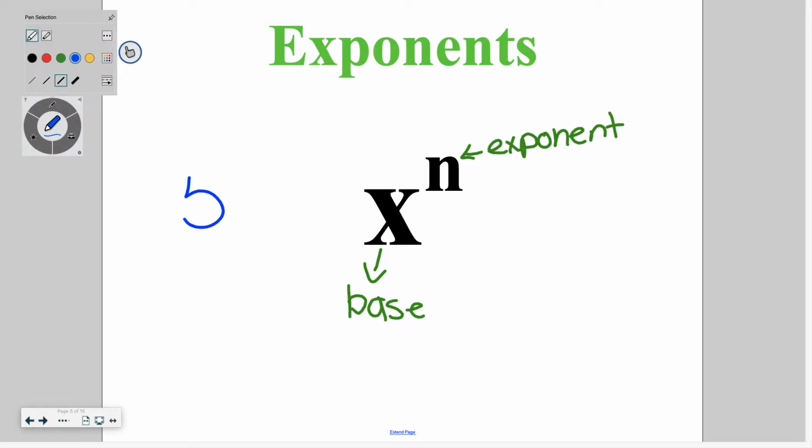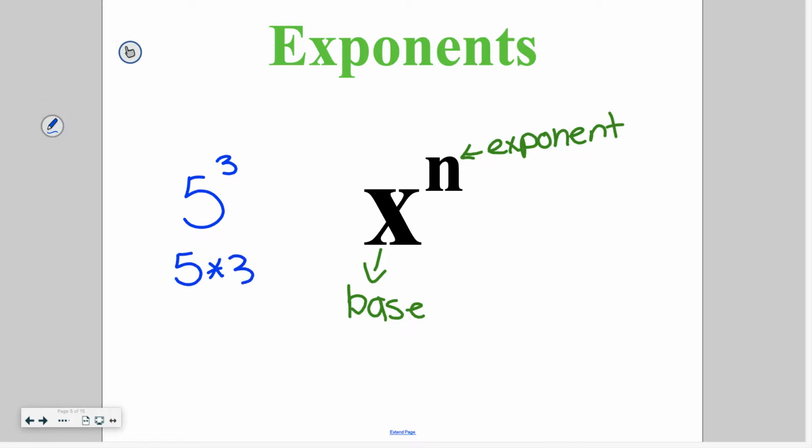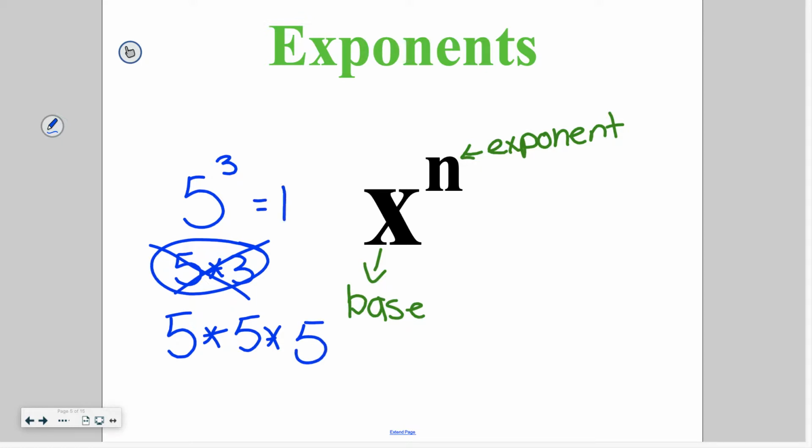So for example, if my base was 5 and my exponent was 3, that does not mean 5 times 3. It means 5 times 5 times 5. So 5 to the third power would be an answer of 125. So it's that base number, and then the exponent tells you how many times you are multiplying that base number. So again, 5 to the third power, meaning 5 times 5 times 5.